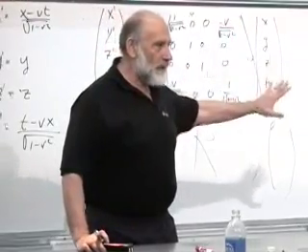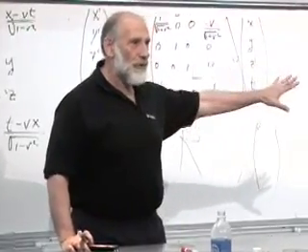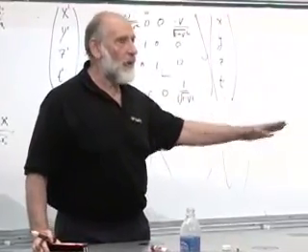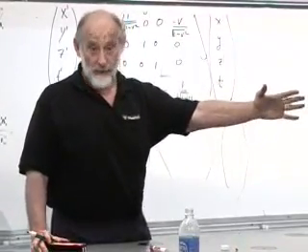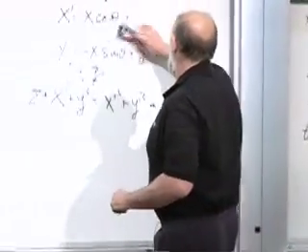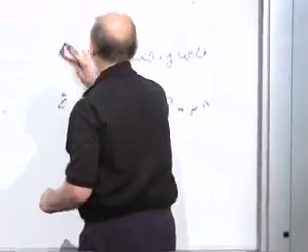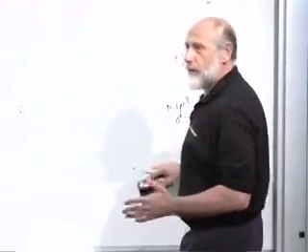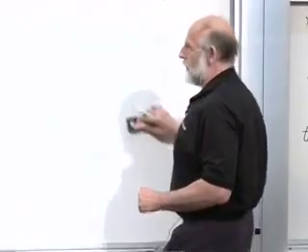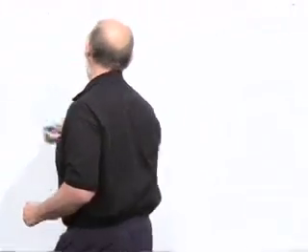Because if they're invariant under rotations and Lorentz transformations along an axis, then they will be invariant under Lorentz transformation along any axis. Symmetry under rotation, well, that's easy. We all know how to think about that. It's symmetry under Lorentz transformations that we're interested in.